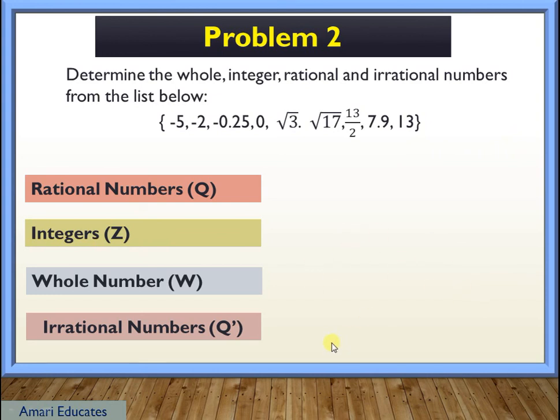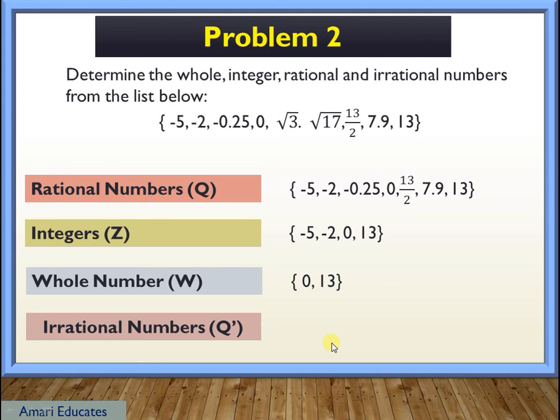Here are the answers. -5, -2, -0.25, 0, and 13/2, 7.9, and 13. For the integers, we have -5, -2, 0, and 13. For whole, we only have 0 and 13. And these are the irrational numbers. Okay?